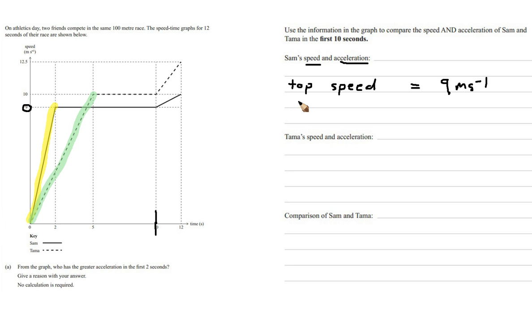We can work out the acceleration is equal to the change in velocity over our change in time, t. The change in velocity has gone from 0 up to 9, so the change in velocity is 9. We could do it properly and go 9 minus 0, but it's going to be 9. 9 divided by, now how long did that take? It was 2 seconds.